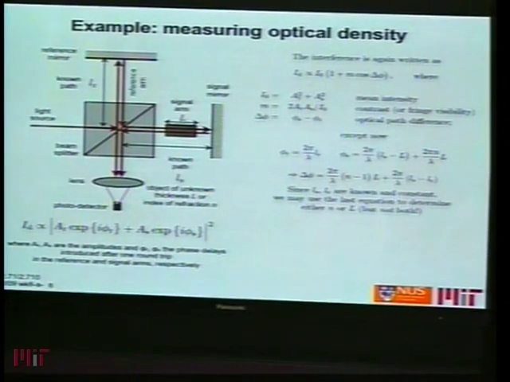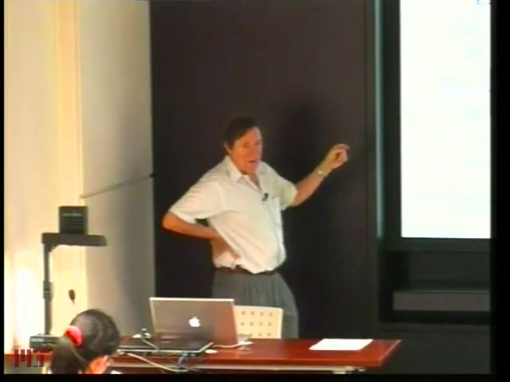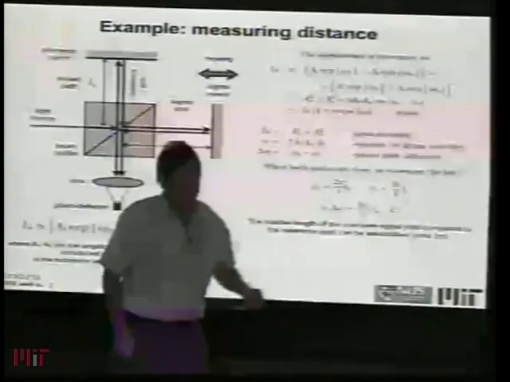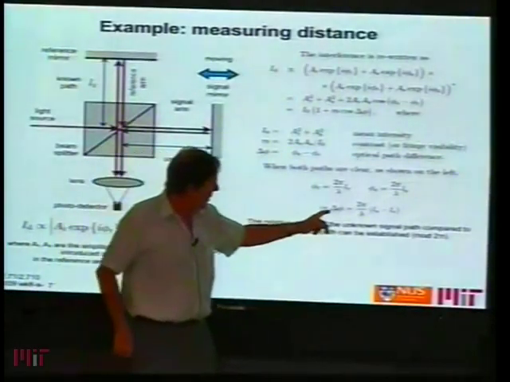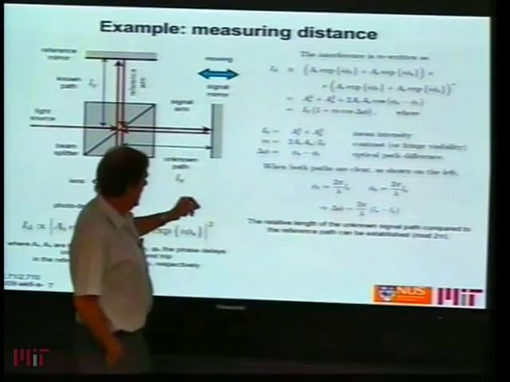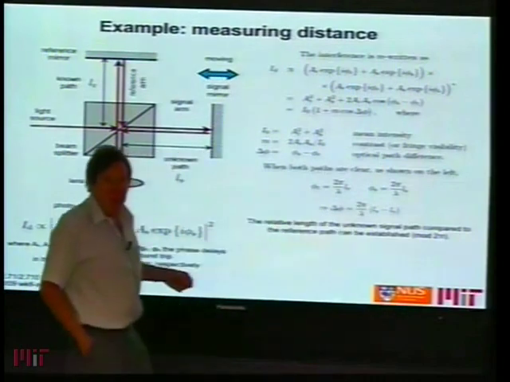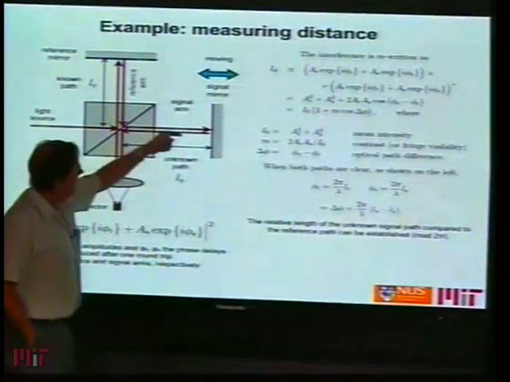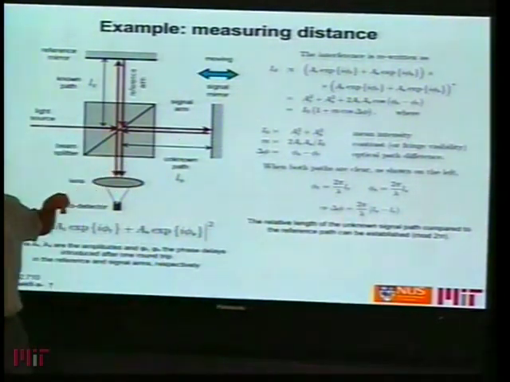Have we taken into account, George, that it's gone through twice here? Or even on the previous one? There ought to be a 2 in there, oughtn't there? All right, so the phase difference is actually twice this, because it has this amount of phase difference on the way in and on the way out.